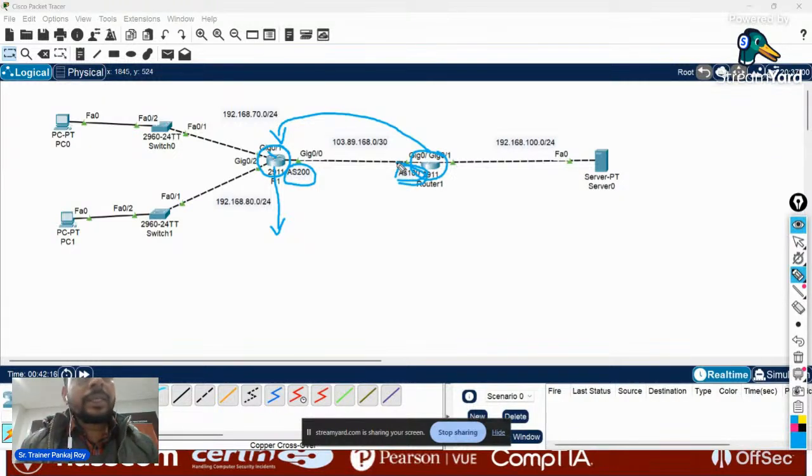So this router never knows what 100.1 is, because its routing table does not have the 100.0 networks, and router 2 does not have the 70 and 80 networks. So the traffic should be exchanged, then the connection will be established.